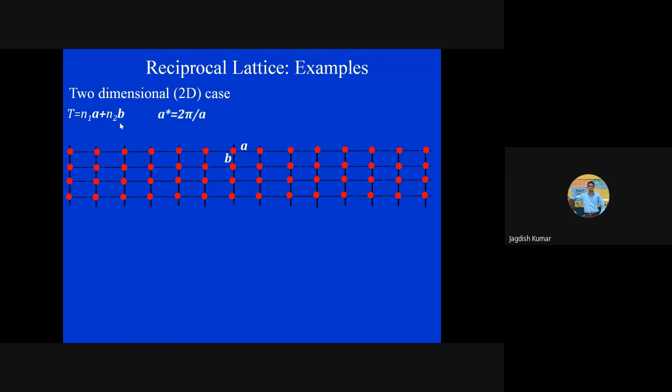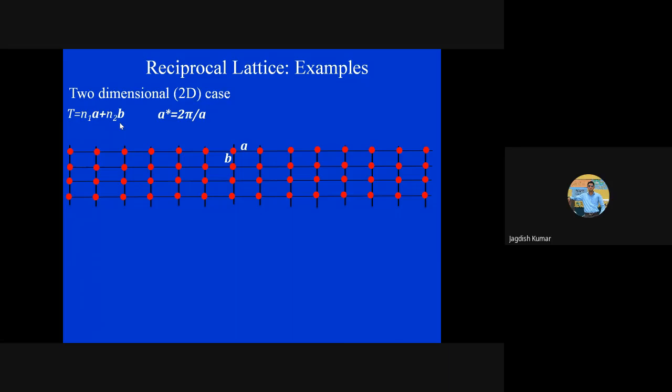So what will be the corresponding reciprocal lattice for this? I hope you have somewhere gone through two-dimensional Fourier series. If not, you can go back to some of your books, maybe somewhere you will get that. So basically what we are trying to do here is that we are going to use two-dimensional Fourier series.